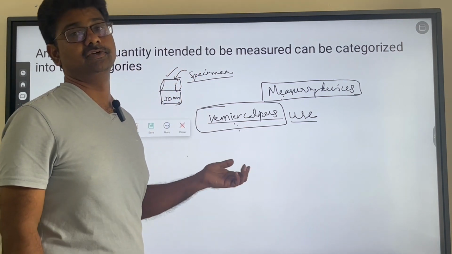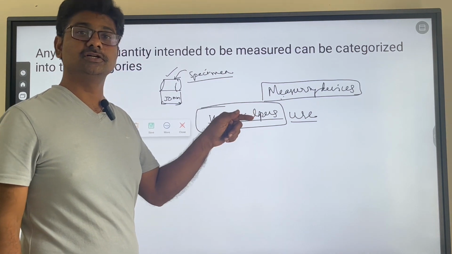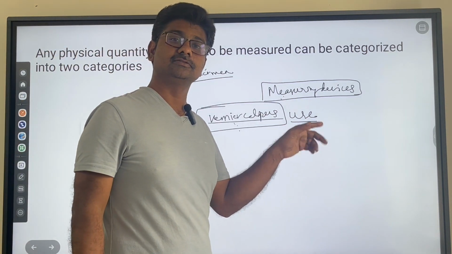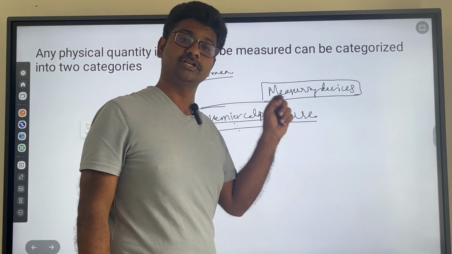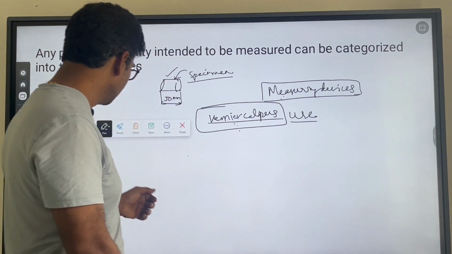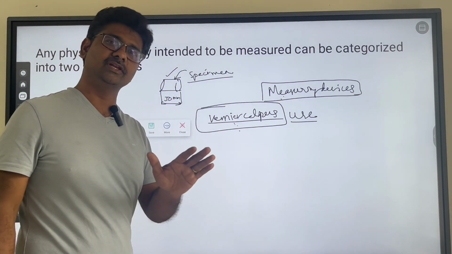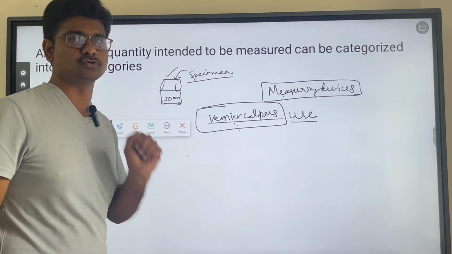So the purpose of the true value is that: to judge how accurate the measuring instruments are. That's the main purpose. I hope you understand the true value. True value is a theoretical value. Practically, we cannot arrive at a true value.